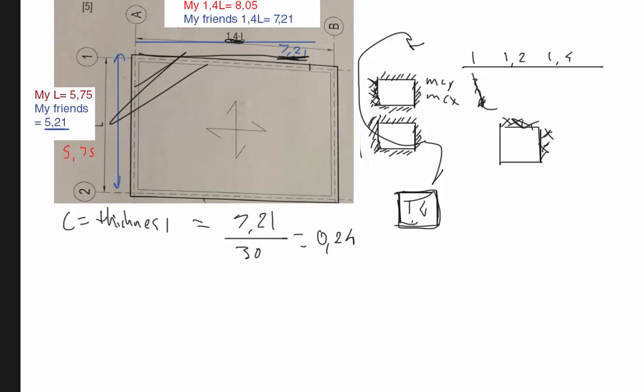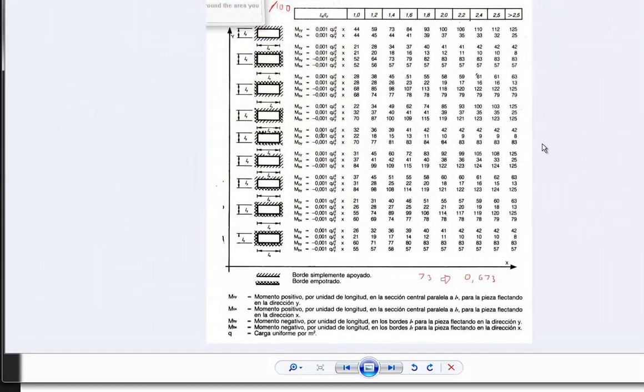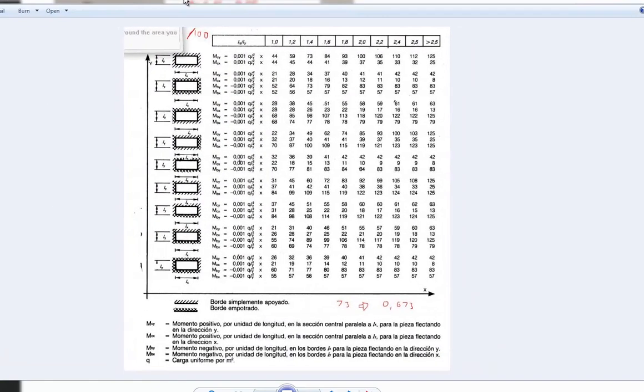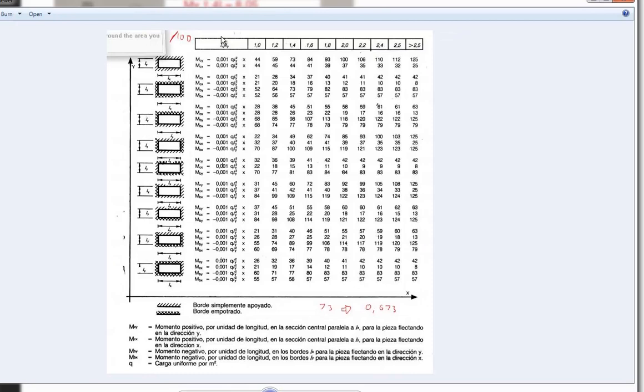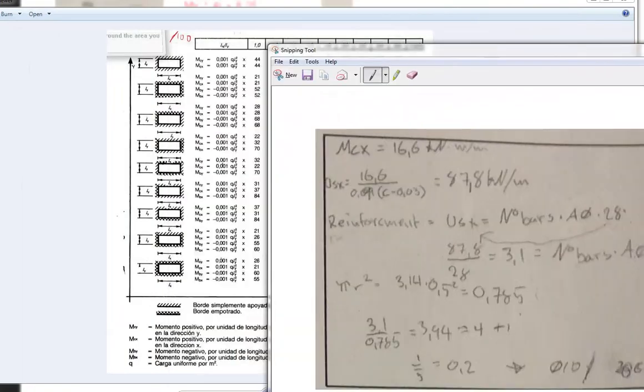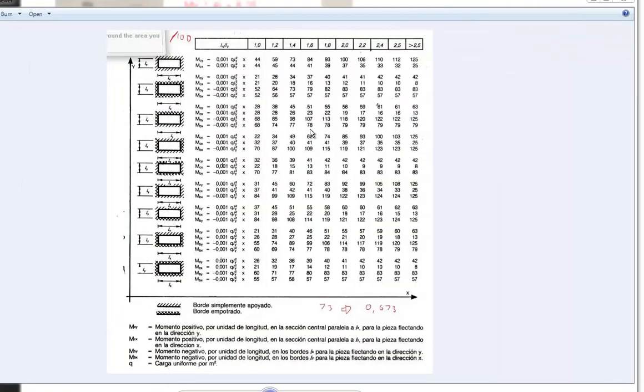So let's find the values. If you, like us, have these tables, and there are long tables, and you also use the same profiles, this is a part of a document. It's so easy to just make a snipping tool copy.